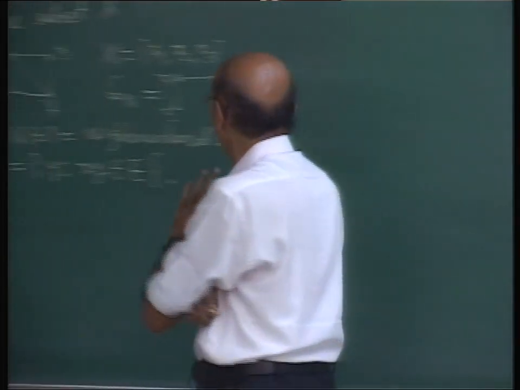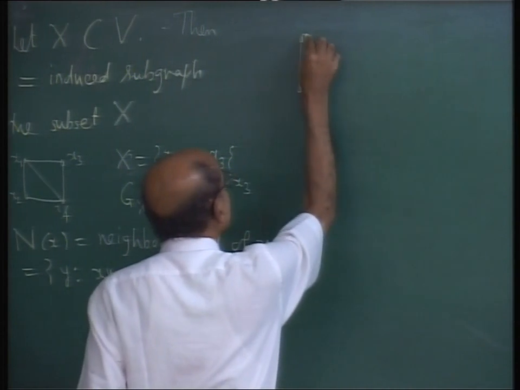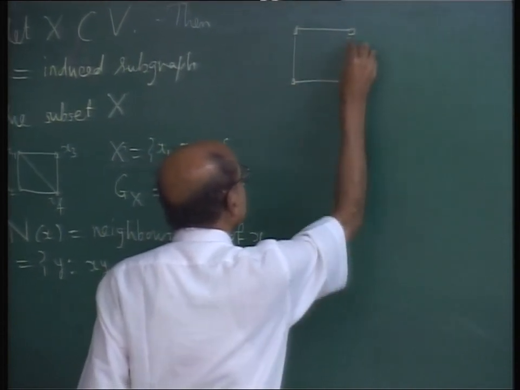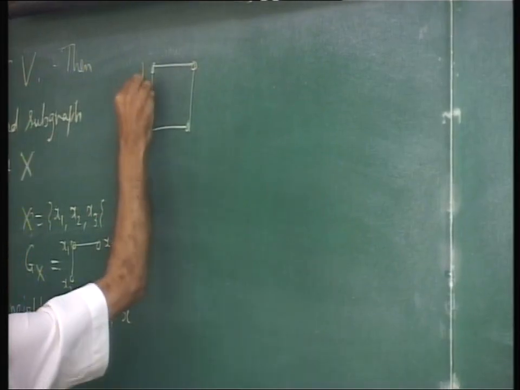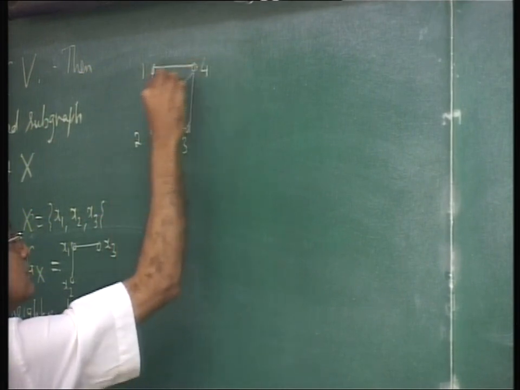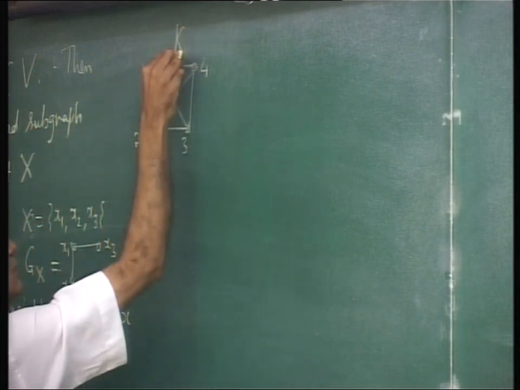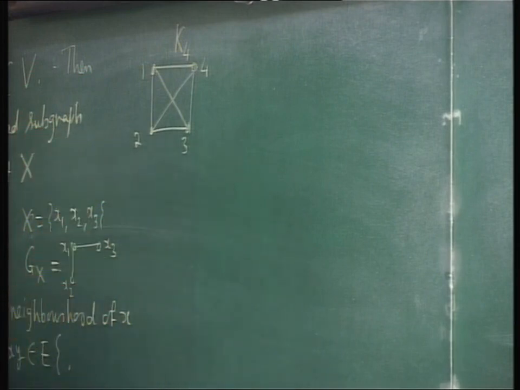Okay, the first problem we want to look at today is this. You're given a complete graph. So this is K4. I want to write this as a union of subgraphs which will cover all the edges.